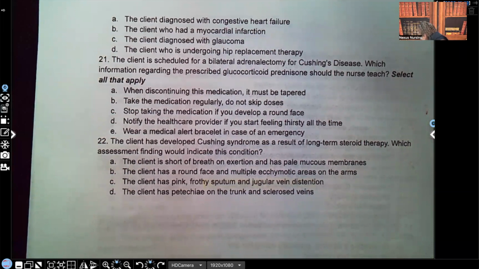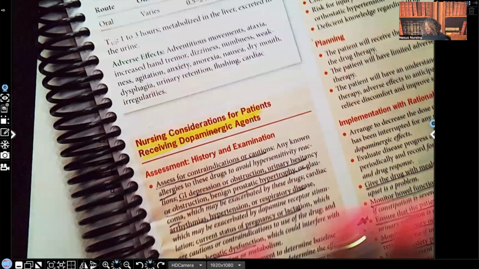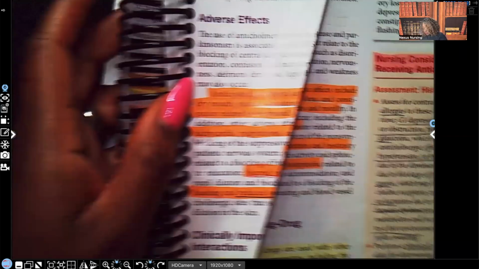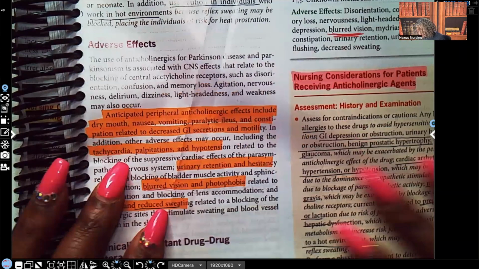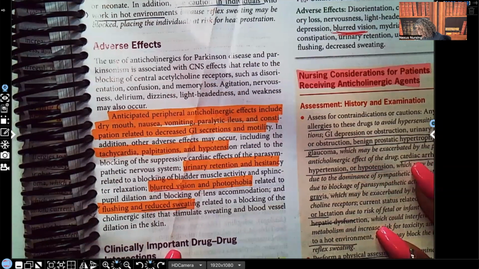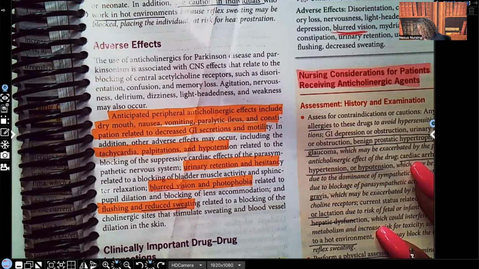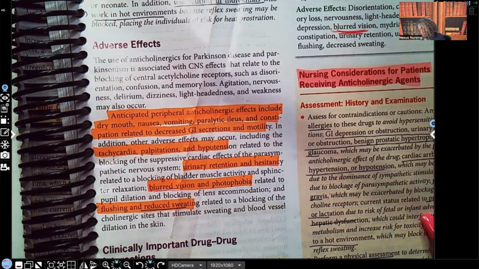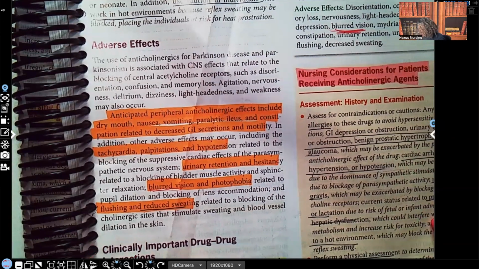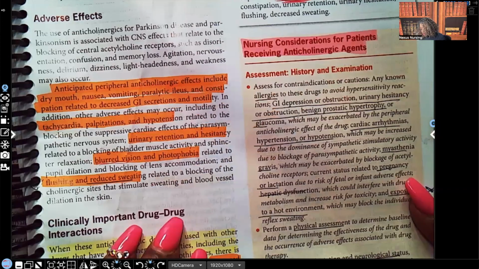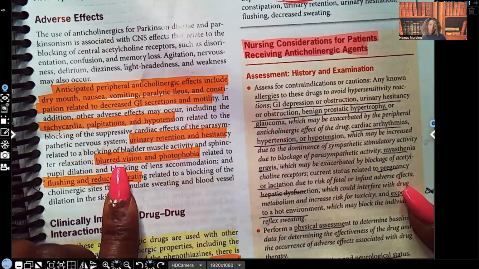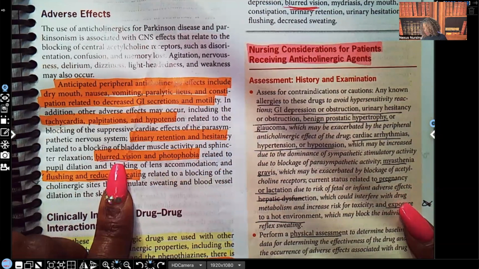Number 20. Right here. Blurred vision, photophobia.